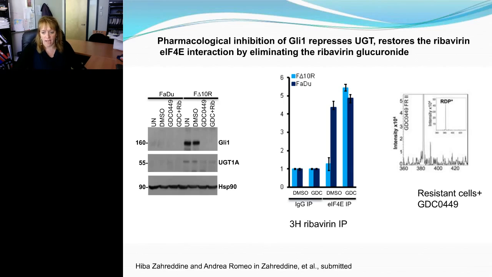And if we look at the mass spec data, we see that in cells that have been treated with the GDC inhibitor, we no longer see the glucuronidated form, which occurs at about 421, and we see the main peak being ribavirin diphosphate. So this indicates that pharmacological inhibition of GLI1 represses UGT1 and restores ribavirin for interaction by eliminating the ribavirin glucuronide.